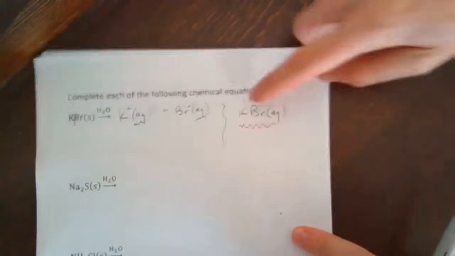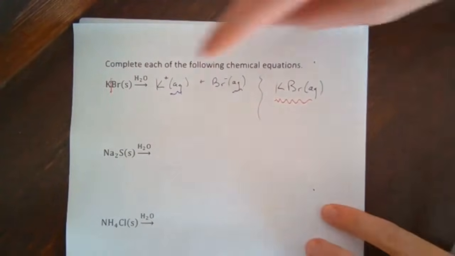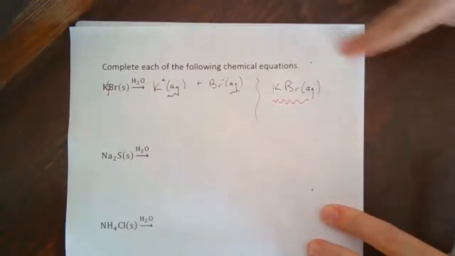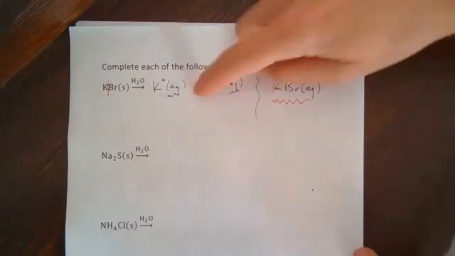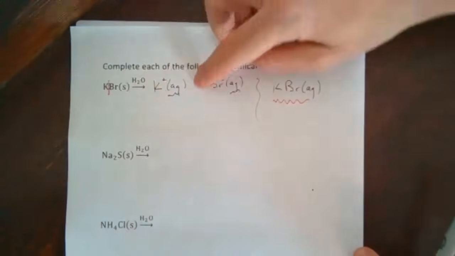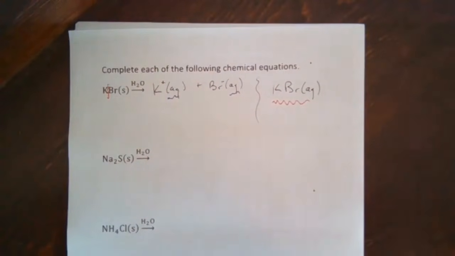It is not just KBr as a combo floating around. It's K plus floating around and bromide floating around by themselves. That's why they're added together. They're not linked together. The plus sign indicates that they are separate species.